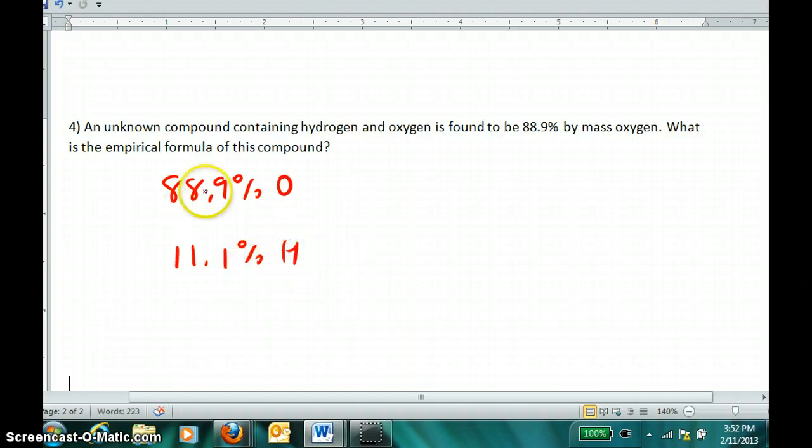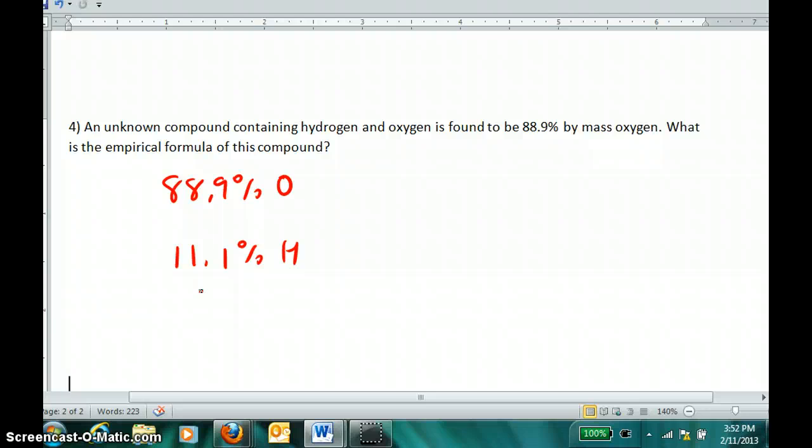Now, since percents by mass do not change depending on sample size, but we're going to need masses from which to get a ratio of moles so we know how many of each thing we have, I can pick any sample size I want to.